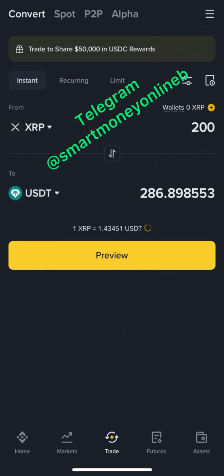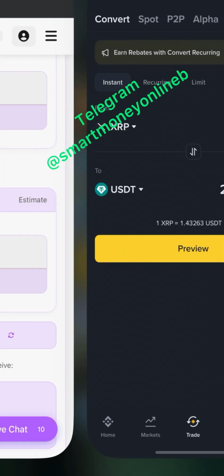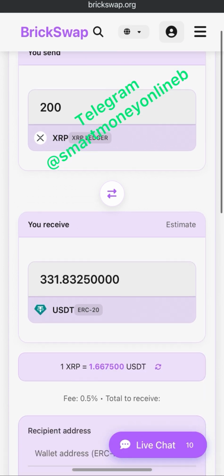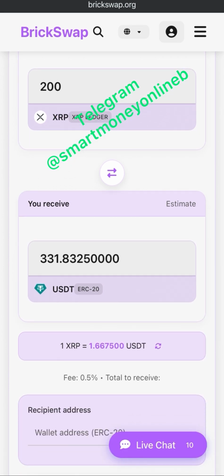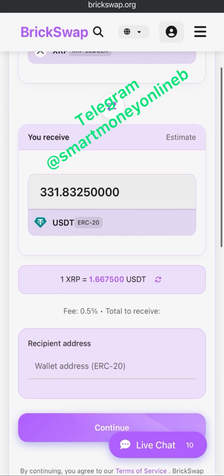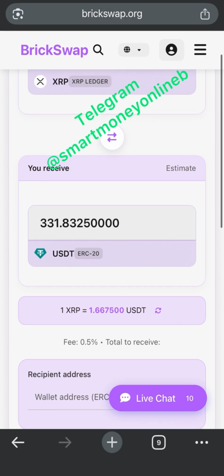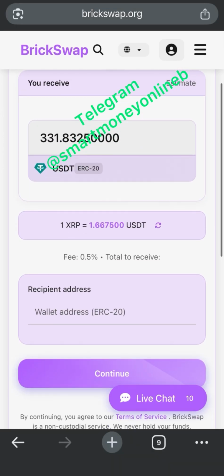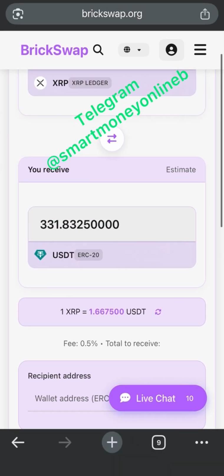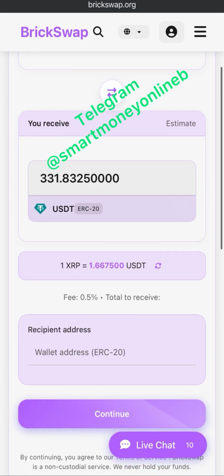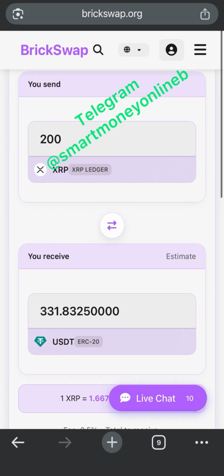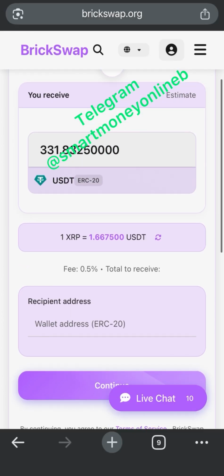So if you buy $200 worth of XRP here and sell it over here, you will be making some profits. You can see that's exactly how it works. Minus the fee they will charge for this, we're going to be receiving at least 314 or 313 after the fee is charged. So that's exactly how it works.